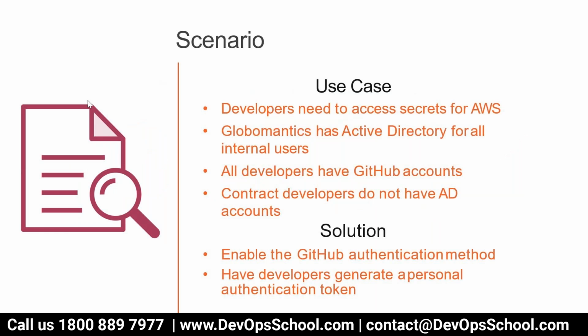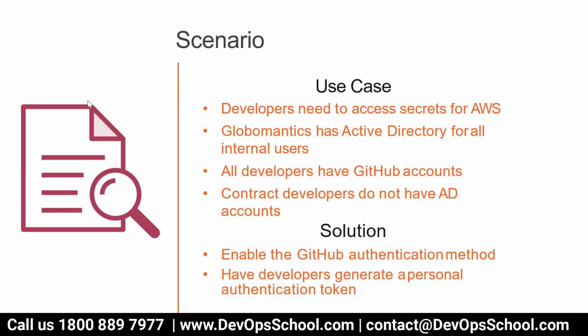Okay, so scenarios. This will help you decide which method is good for you. Scenario: developers need to access secrets for AWS. There is one company, Globomantics, that has Active Directory for all the internal users, so LDAP is already there.